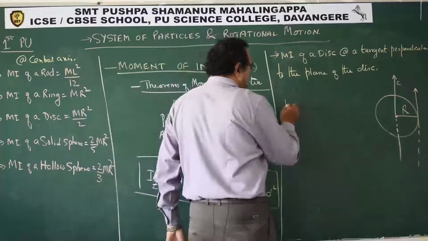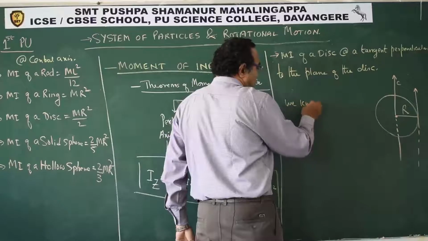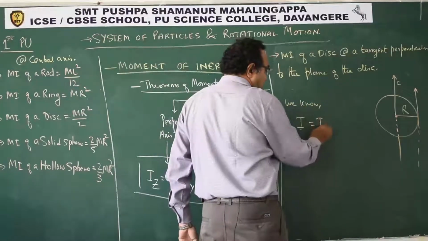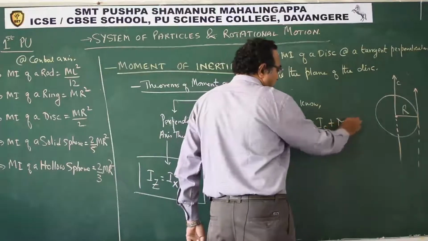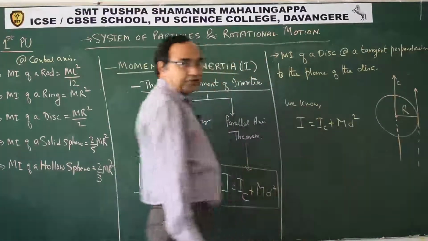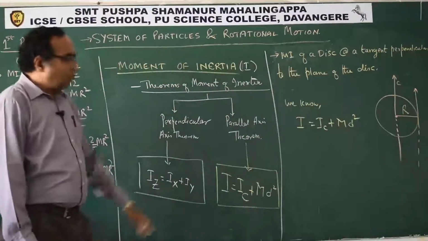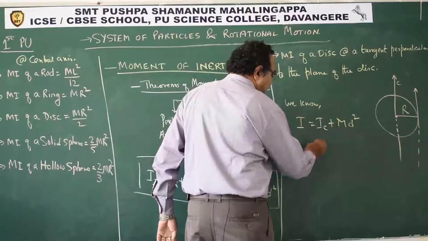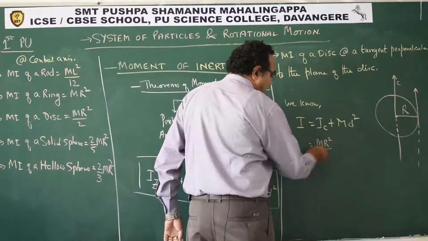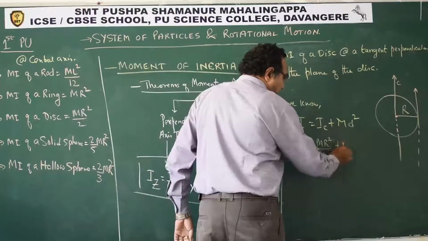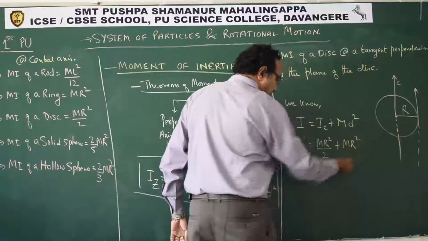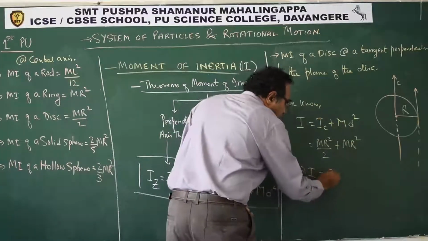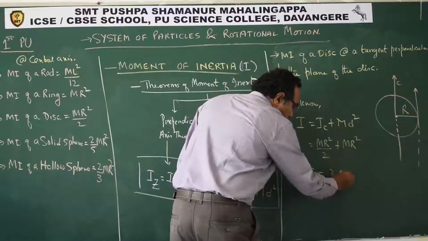We know I is equal to I_C plus mass times square of the distance. Now what is the moment of inertia about the central axis for a disk? It is mr square by 2 plus mr square. So finally from this we can say I is equal to 3 by 2 mr square.